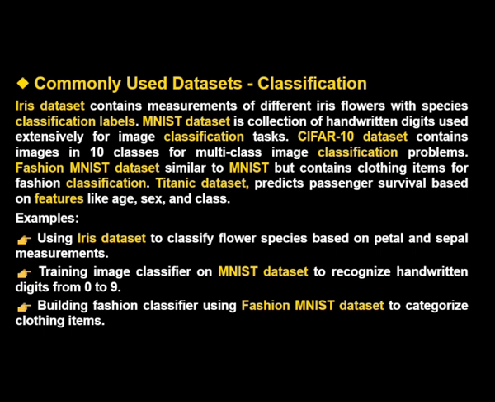In machine learning, education and research, several standard datasets are commonly used for classification. Examples are the Iris dataset for flower classification, the MNIST dataset for handwritten digit recognition, the CIFAR10 dataset for image classification, and the Titanic dataset for survival prediction.